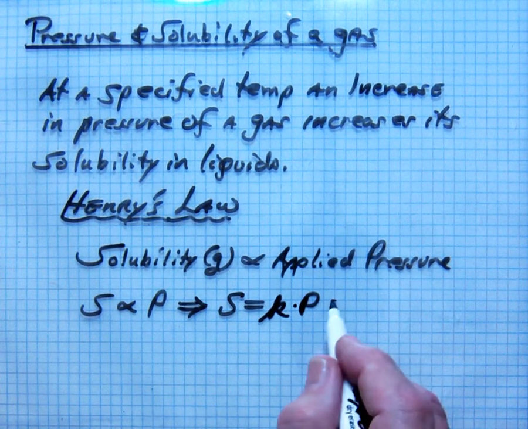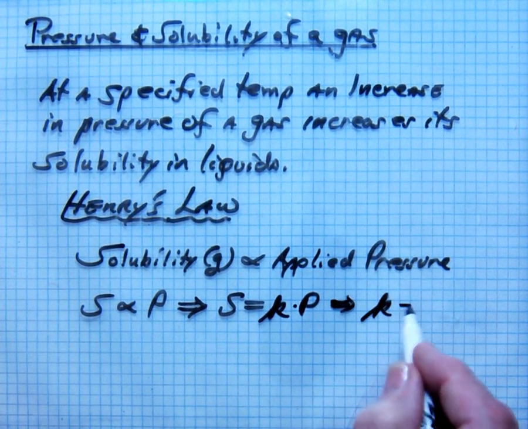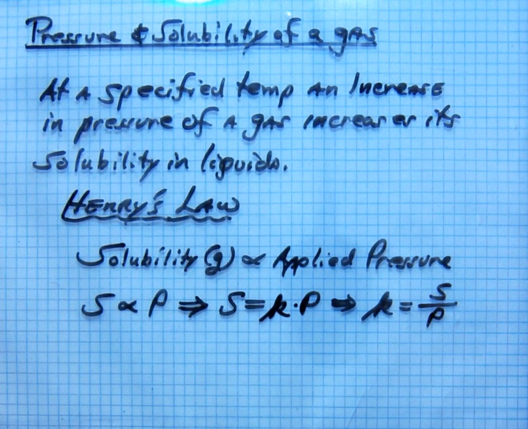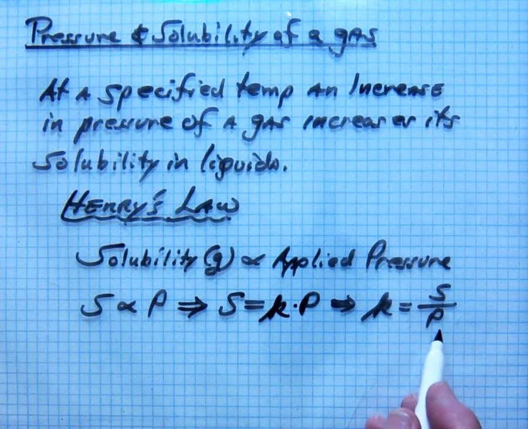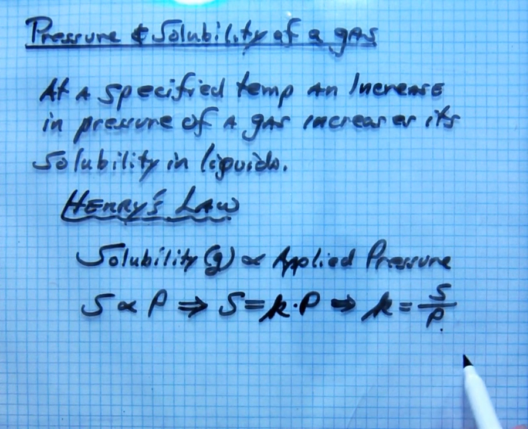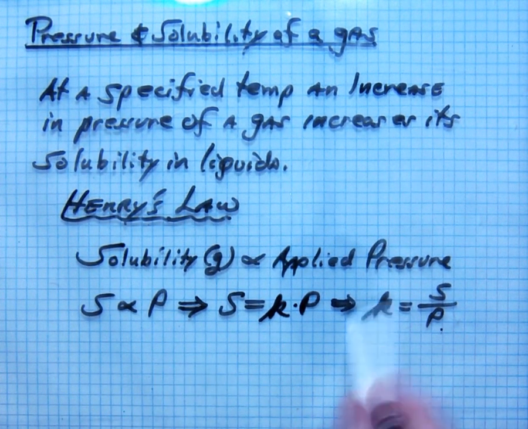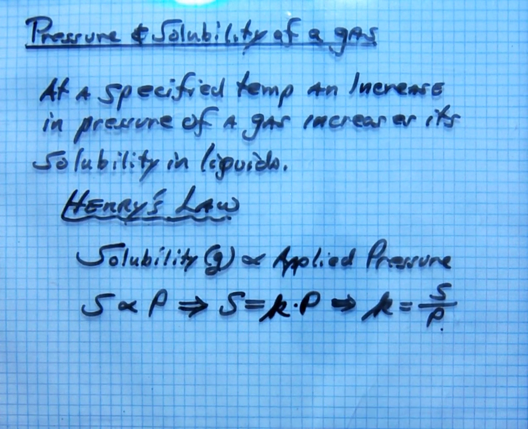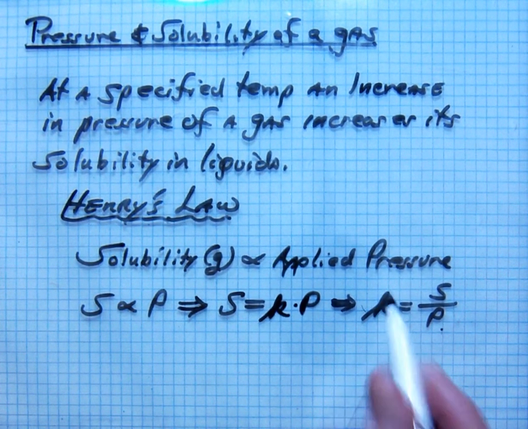This solves for the constant K as solubility over pressure. In the problems, we're given the solubility at a pressure 1 and asked to calculate the solubility at a pressure 2. So the K value, being constant, is the same for pressure 1, solubility 1, and pressure 2, solubility 2. That's what a constant is.